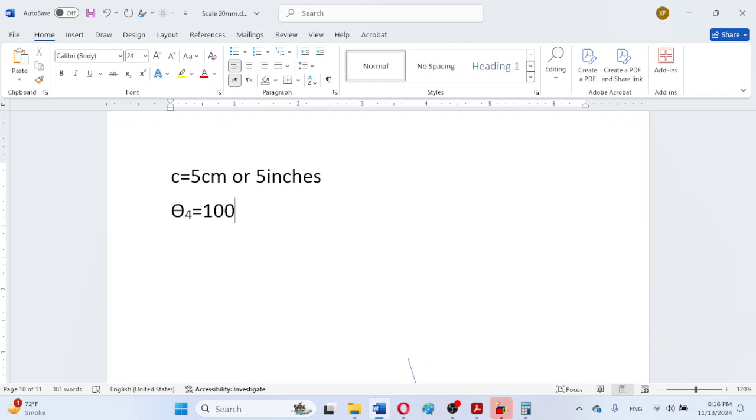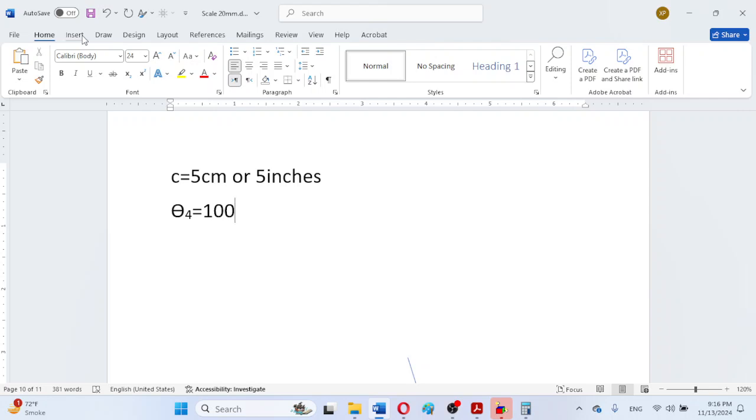So that means 50 degree on either side of the rocker mid position. So between the two extremes there will be 100 degrees. So any suitable value can be assumed, so that doesn't make issue.